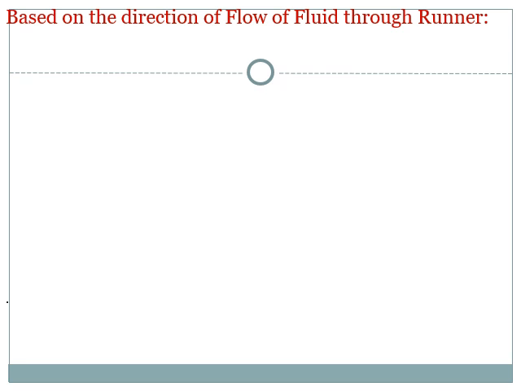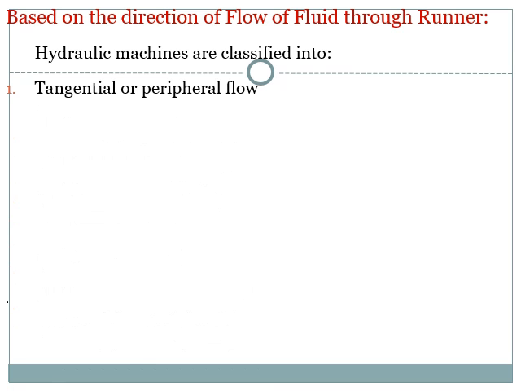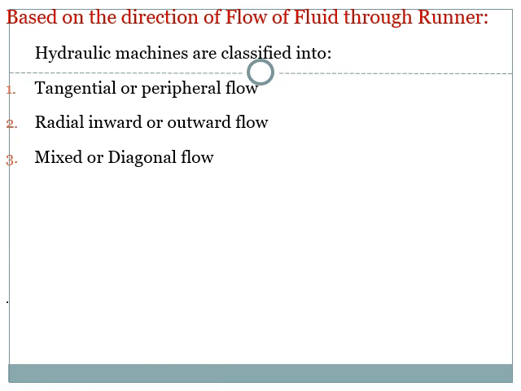Based on the direction of fluid flow through the runner, the hydraulic machines are classified into: first, tangential or peripheral flow; second, radial inward or outward flow; third, mixed or diagonal flow; fourth, axial flow types.